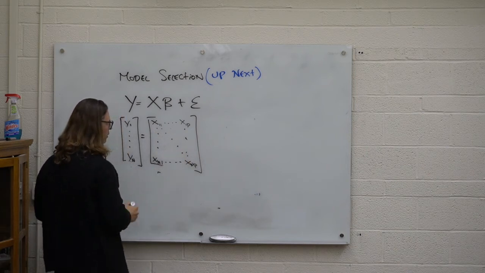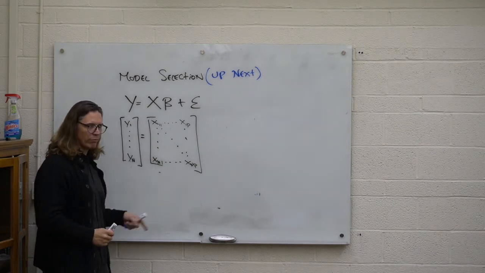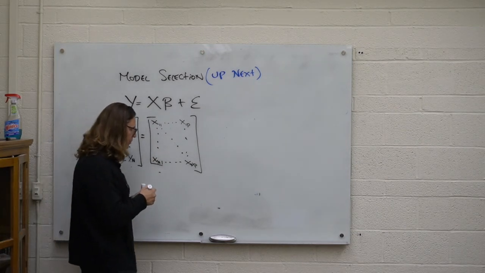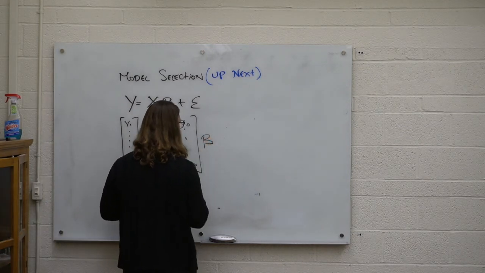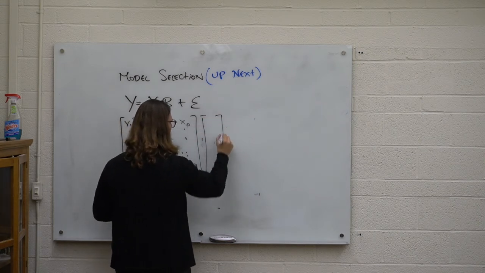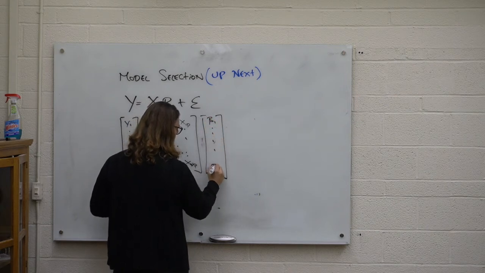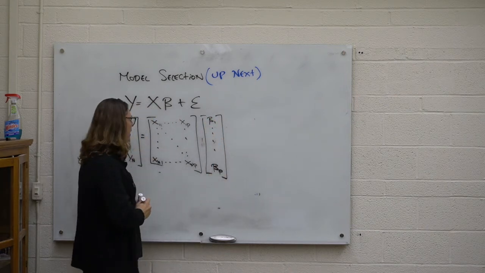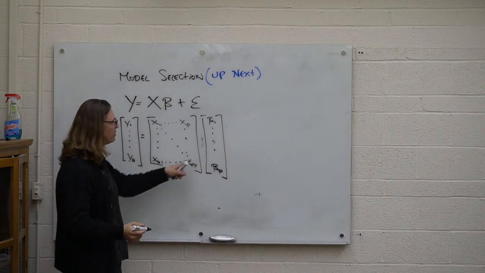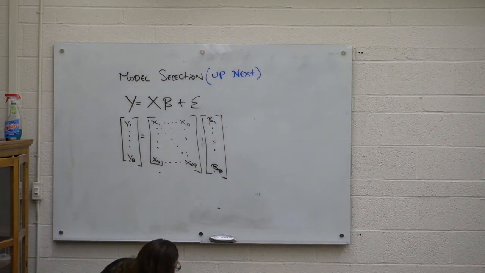This is all going to be filled in. Very typically, we let this column be a column of ones to represent the intercept. So we're going to multiply by some vector of betas right here. That looks like this: beta 1 down to beta p. Again, if you let this first column be ones, you would interpret this as your intercept of your model.